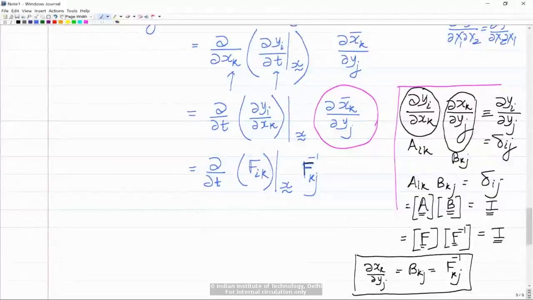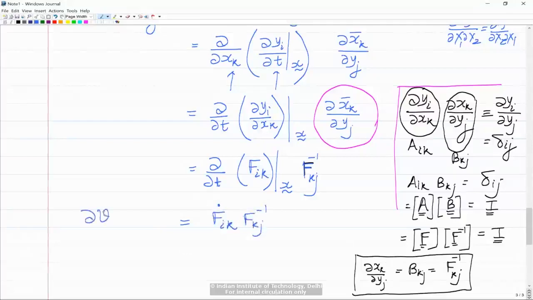All right, but now what is this then? So this is, you bring del t inside and you say it is F dot ik. And remember that this dot means it's the material derivative. So F dot ik into F inverse kj.